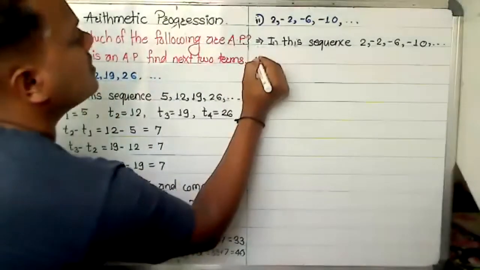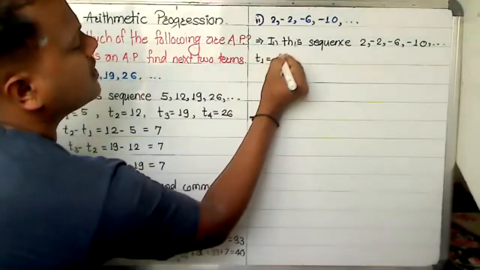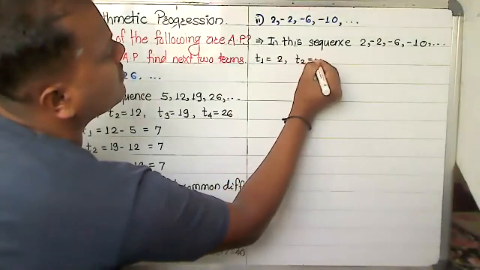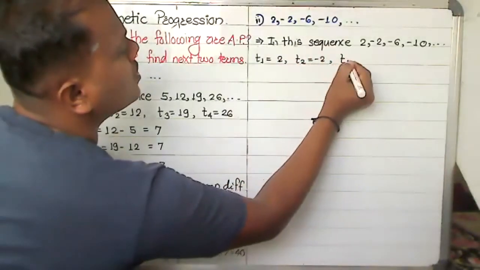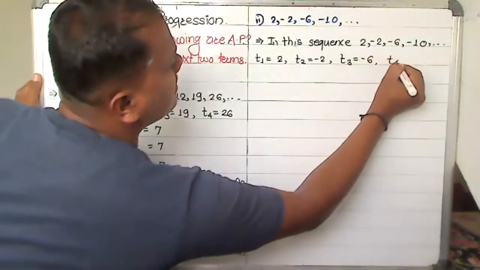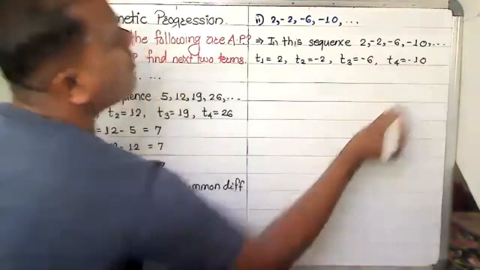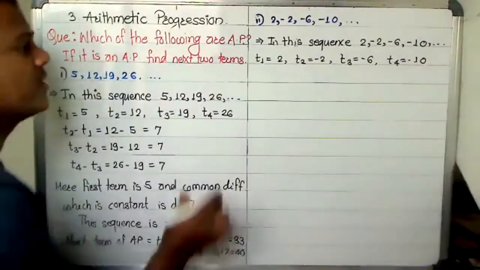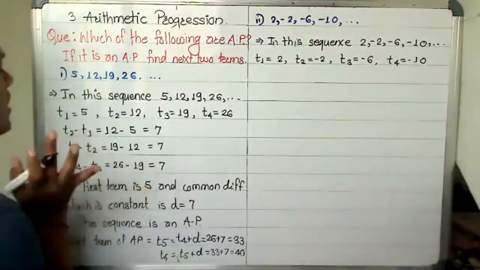The first term, T1, is 2. T2, the second term, is minus 2. T3 is minus 6 and T4 is minus 10. Now we have to find the difference.